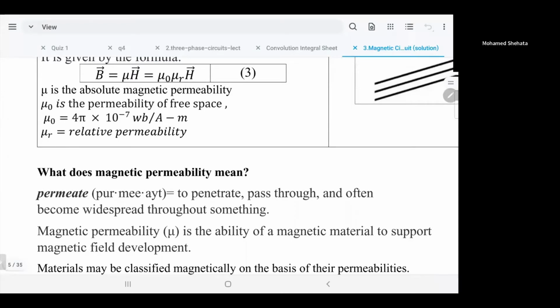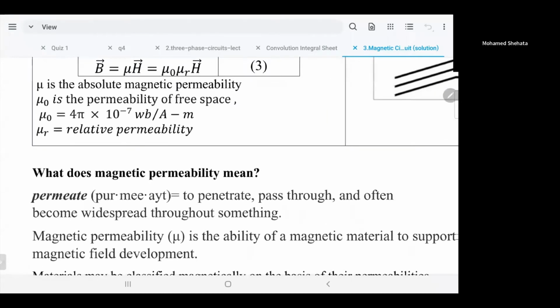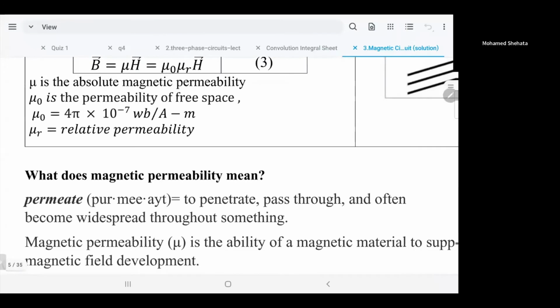It's always very small. And if you want to find mu for any material different than free space, like iron or any other material, it is related to the free space permeability by a coefficient called mu r, the relative permeability. So the total mu is equal to mu naught times mu r.